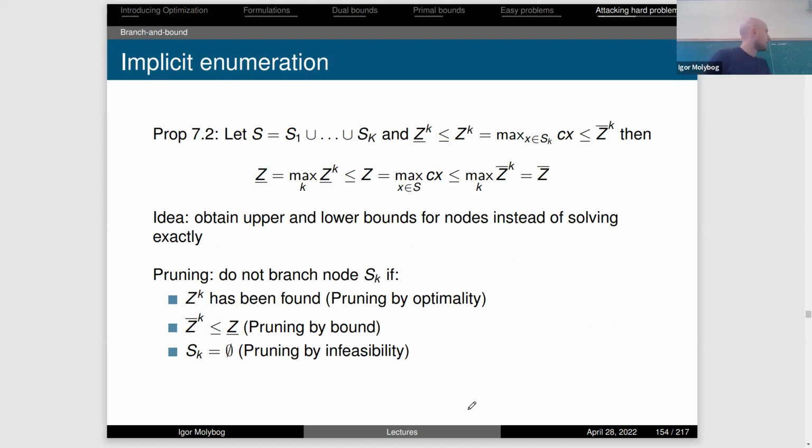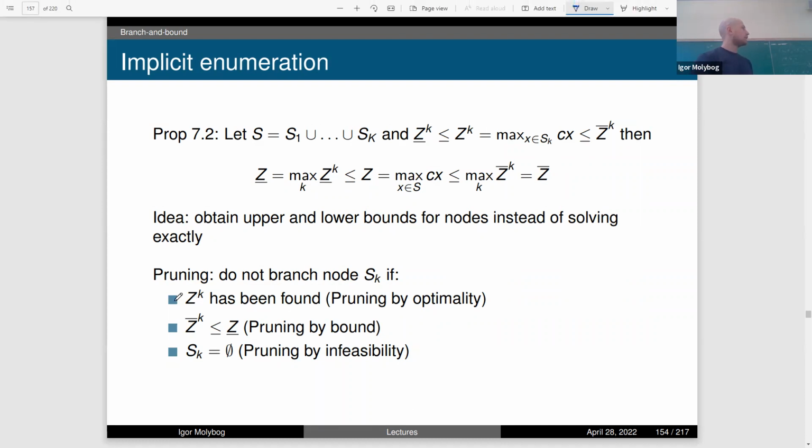We also call that implicit enumeration. It is based on pruning by three different principles: pruning by optimality, pruning by bound, and pruning by infeasibility.